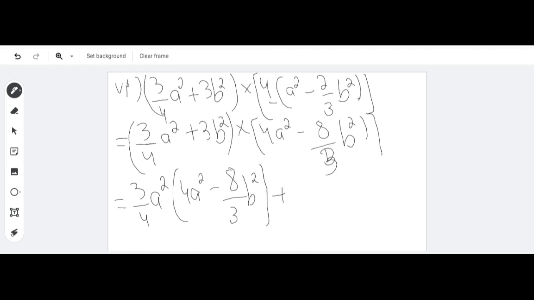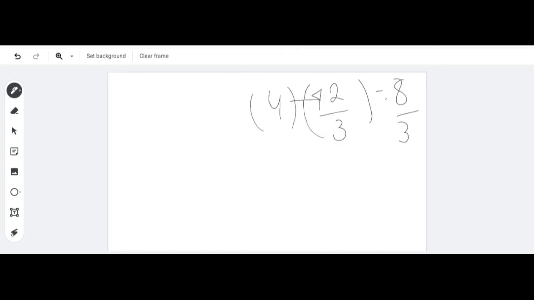Now plus 3b square, into 4a square minus 8 by 3 b square. Does this question look scary? No, ma'am. Okay. Now we just have to multiply this whole term inside with this term and this. I will do it on the next page.